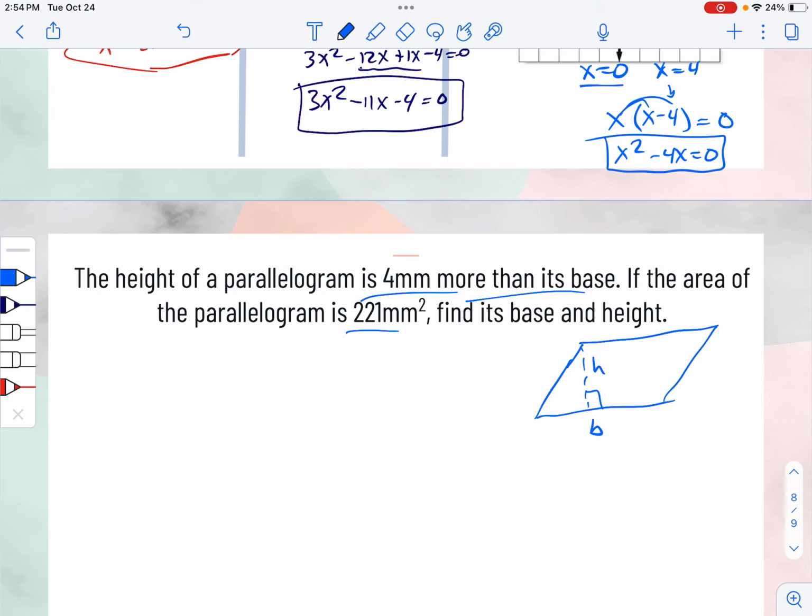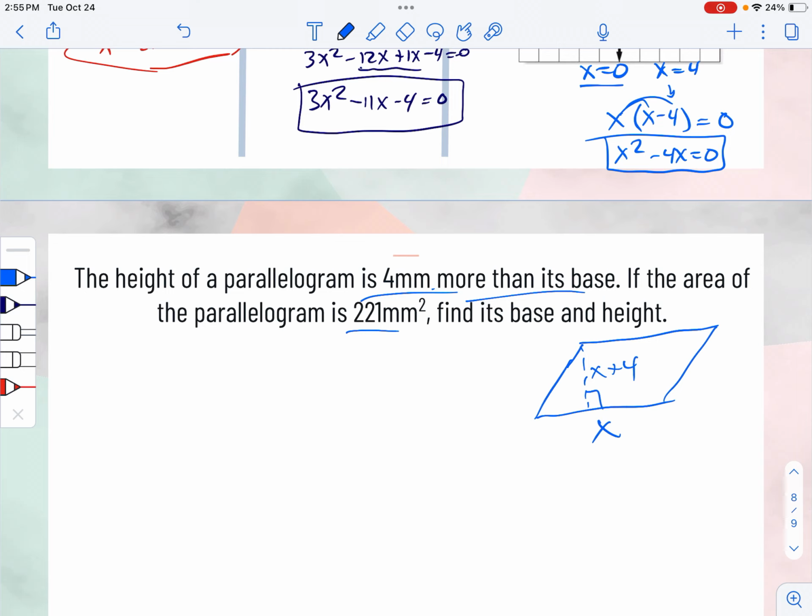So they say this. I'm just going to work with x's though. The height of the parallelogram is 4 more than the base. So the base itself is x. Then the height is 4 more than the base. Well, that's going to be x plus 4.